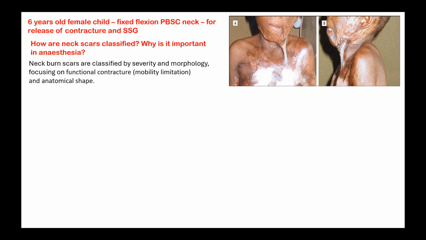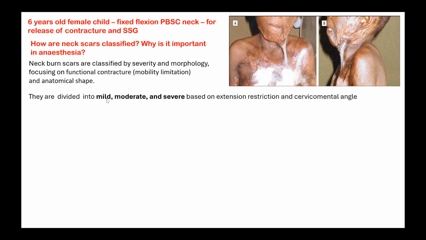So you can classify them into two categories. Neck burn scars are classified by severity and morphology, focusing on functional contracture. So they can be divided into mild, moderate, and severe based on the extent of restriction of cervical and neck movement as well as the cervicomental angle. This is the classification based on the functional restriction. The second is the morphology or the structure.